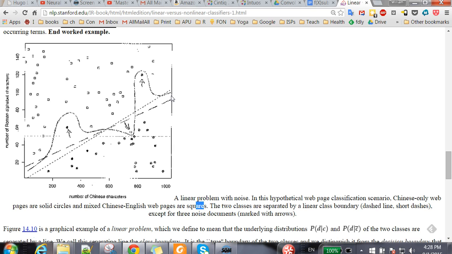Okay, so we're trying to model this kind of curve with our process, and our process only generates lines for decision boundaries. So in this case, our classifier wouldn't result in perfect classification.